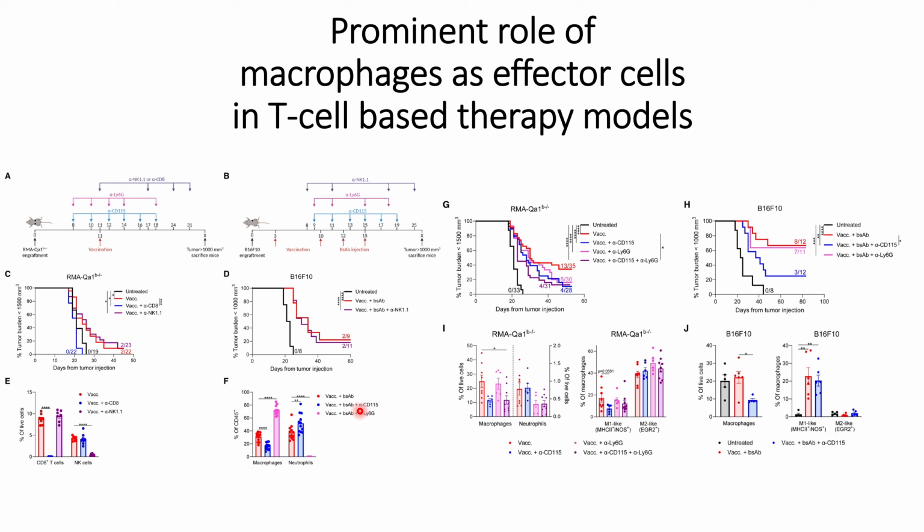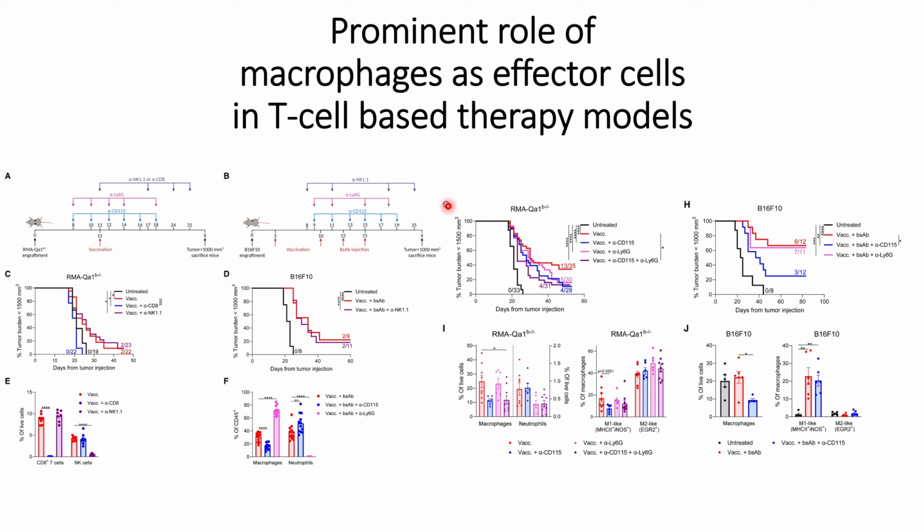When they used anti-CD115, they saw a reduction in the macrophages, and when they used Ly6G, they saw a reduction in the neutrophils. So far, what they found is that when they suppress the neutrophils, they see an increase in the survival rate.